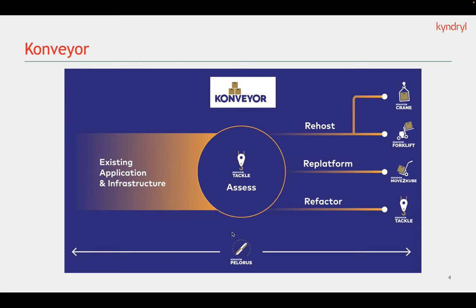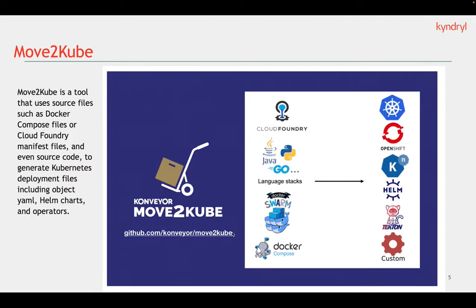I'm going to take a look at how Move2Kube would help us in this case. So Move2Kube is going to look at and do some analysis on that legacy environment. So we're talking Cloud Foundry, but it could be other forms of language stack or other legacy types of orchestration engines like a Docker Swarm or even a Docker Compose file. And Move2Kube has analysis engines that review these constructs and map them into a target environment that's Kubernetes aware.